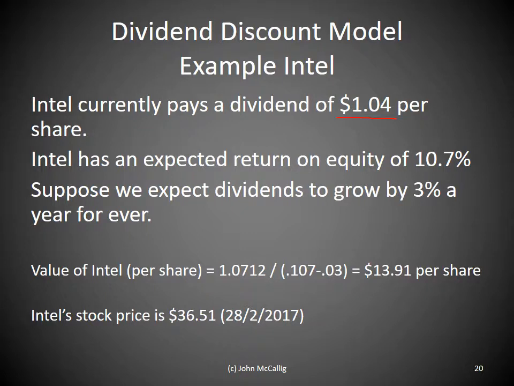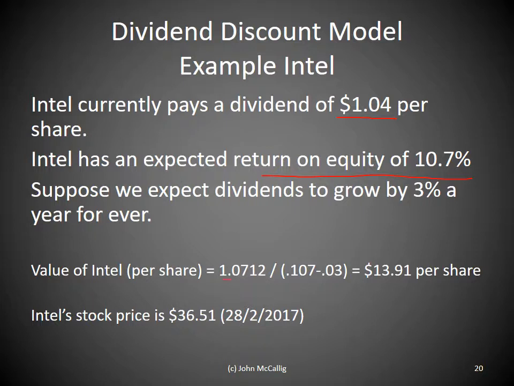So if Intel currently pays a dividend of 1.04, it has an expected return on equity of 12.7%. I got that from the WACC screen for Intel. Supposing we expect dividends to grow by 3% a year forever, and dividends have grown by approximately 3% for Intel for a good while, so presumably we expect them to keep going.